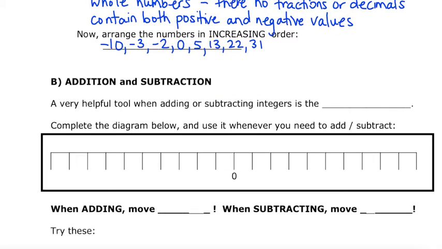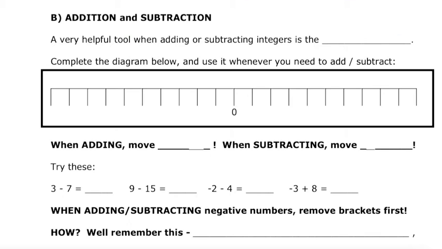So for addition and subtraction, a very helpful tool when adding or subtracting integers, or even when we are putting them in order from ascending to descending or descending to ascending order, is that number line. So the number line is 0 in the middle, and then our positive values are on the right. So we have 1, 2, 3, 4, 5, 6, 7, 8, 9, 10.